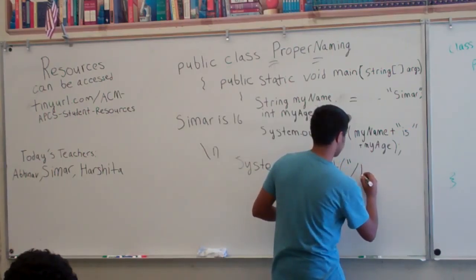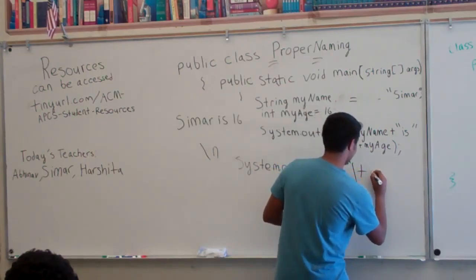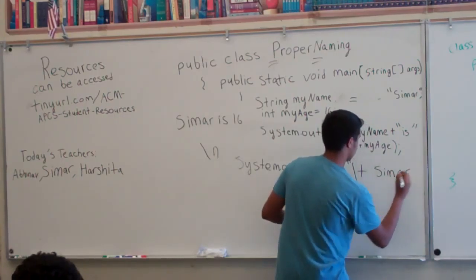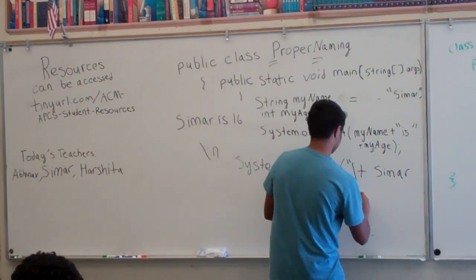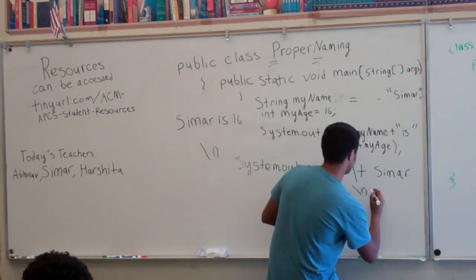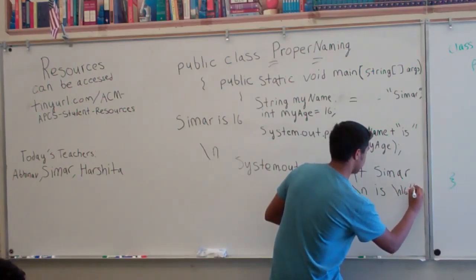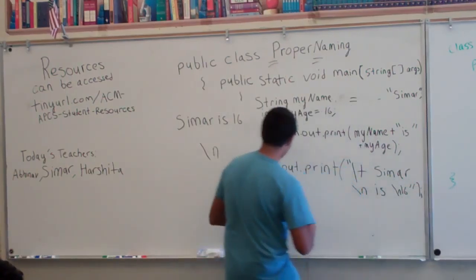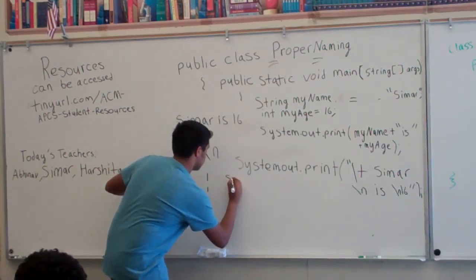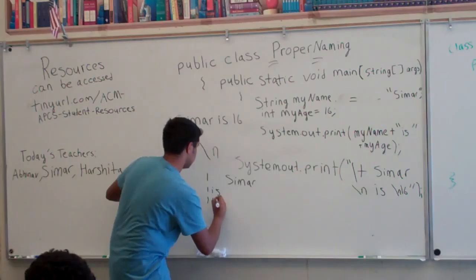I write backslash t, backslash t, backslash t, Simmer is 16. And actually, no, I want to write new lines, right? So, is 16. And then this would print out. The output for this would be the following. Simmer is 16.